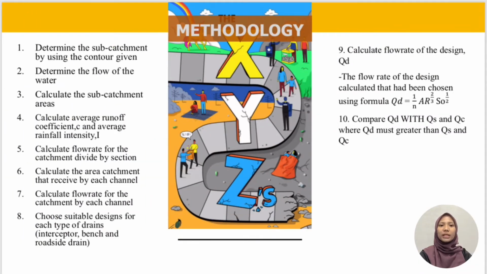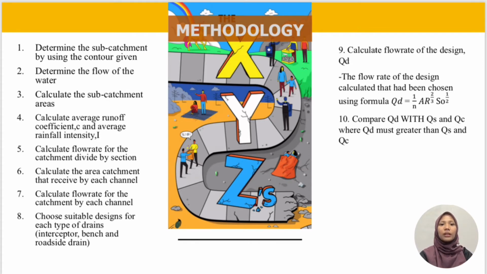Today I would like to present about methodology design of road drainage. Okay, firstly, the subcatchment is determined by using the contour given. The highest contour on the drawing is chosen and a continuous line is made that refers to 90 degrees.